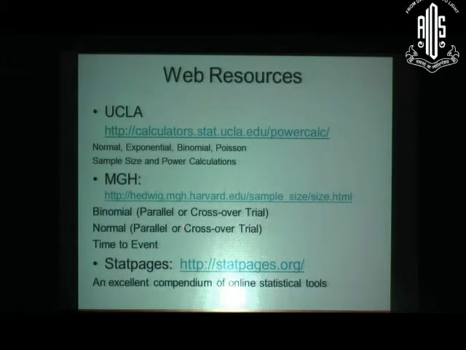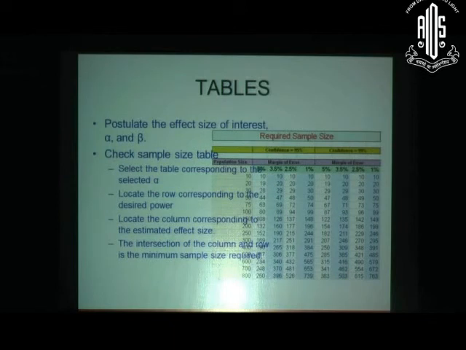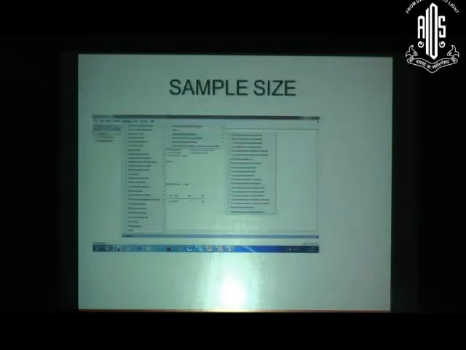These are the different web resources which are available. You can also use tables, and this is how you're going to do it in Stata. In Stata, what you do is you go to statistics, go to summary tables, go to the classical tests, and right at the bottom there is the sample size and power determination methods.